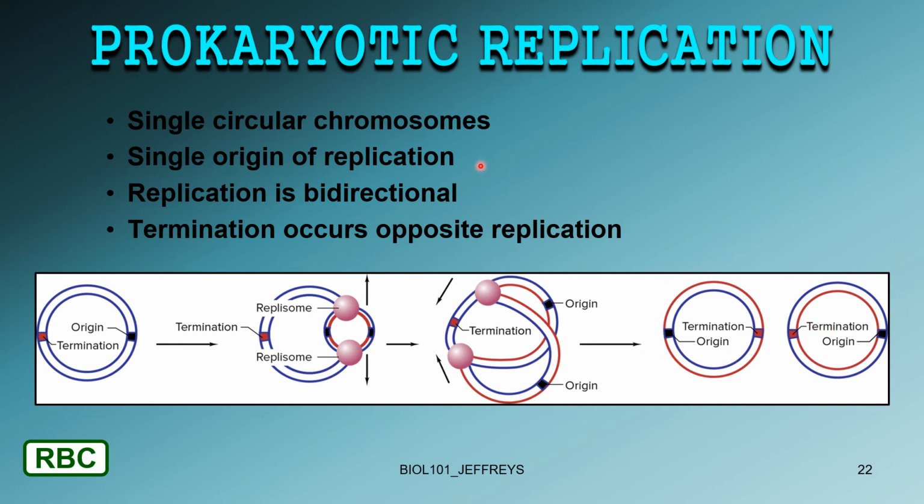So we have a single origin of replication. Replication is bidirectional, and termination occurs opposite the point of the origin of replication. Okay.